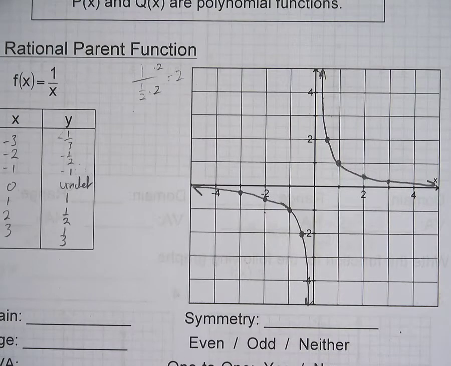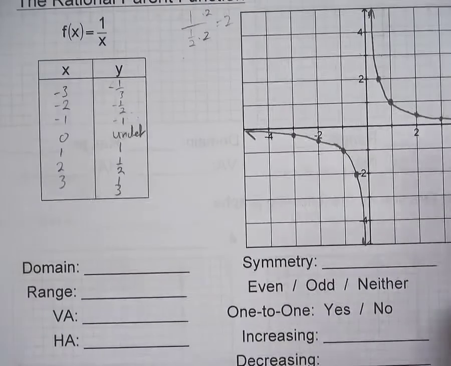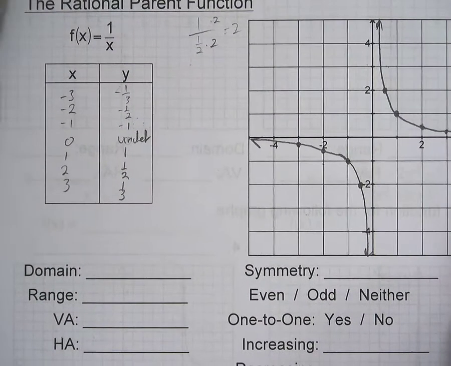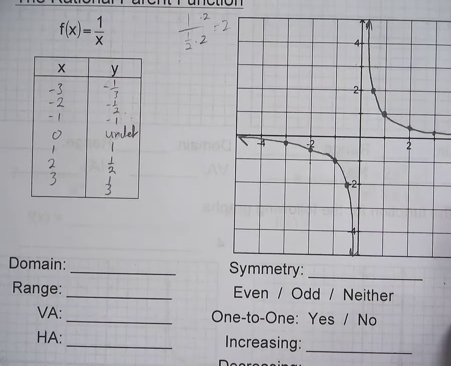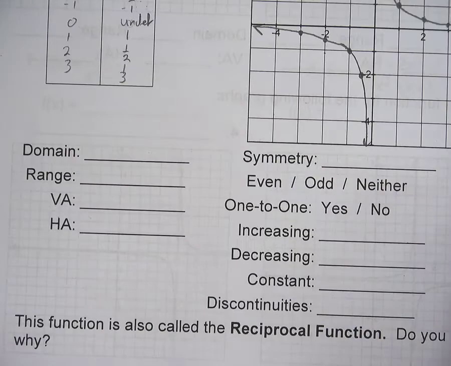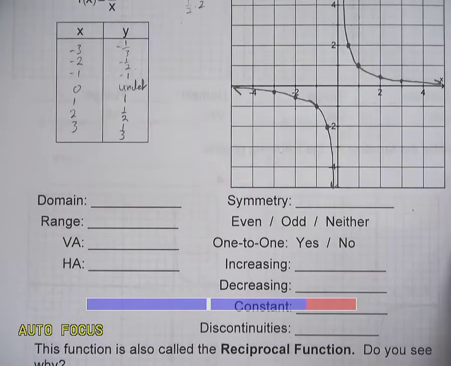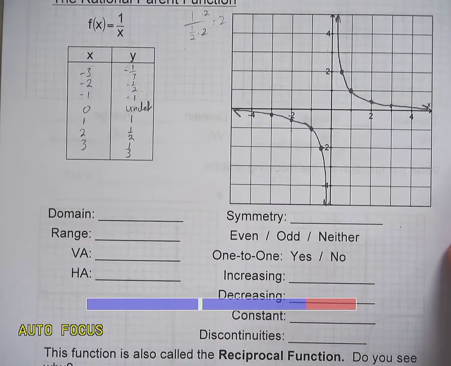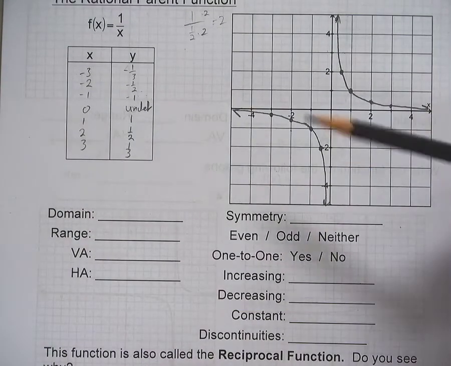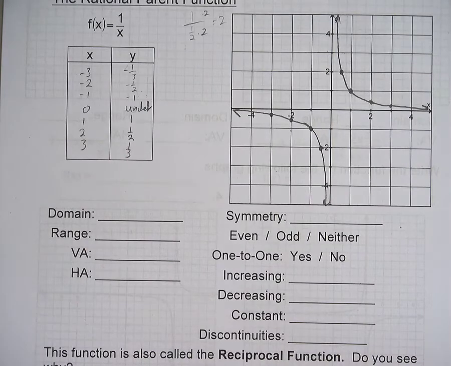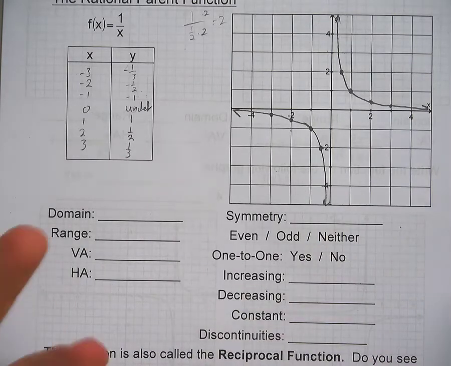Okay. So let's answer some questions about this, because there's going to be some where we have to go through and answer a few questions. First, what is the domain? The domain is all the x values. Well, the only x value that is no good for us is 0.